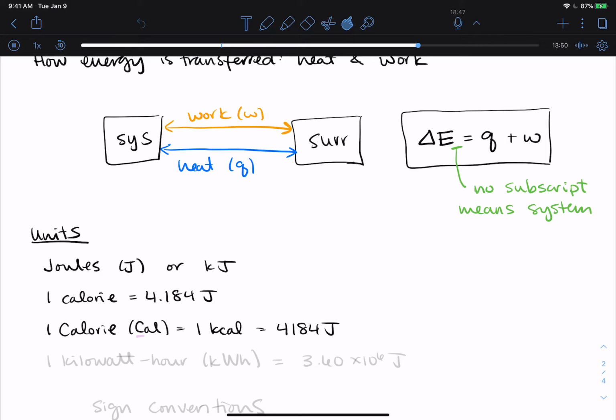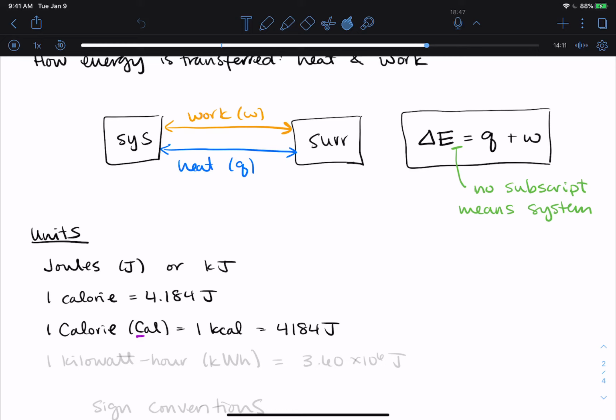And these big C Calories are the types of calories that you see on food labels. So if you see something that's labeled as 100 Calories, it's really 100 kilocalories if you're using the lowercase c one. So it's really like 100,000 calories.